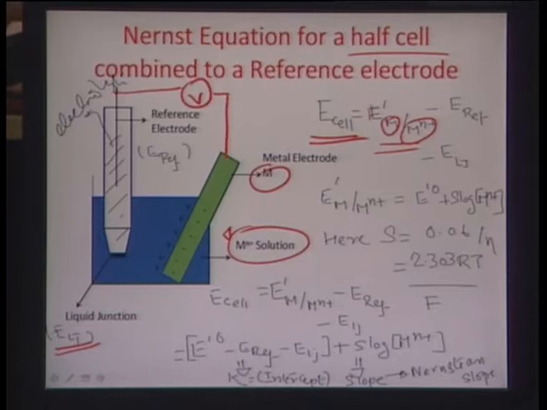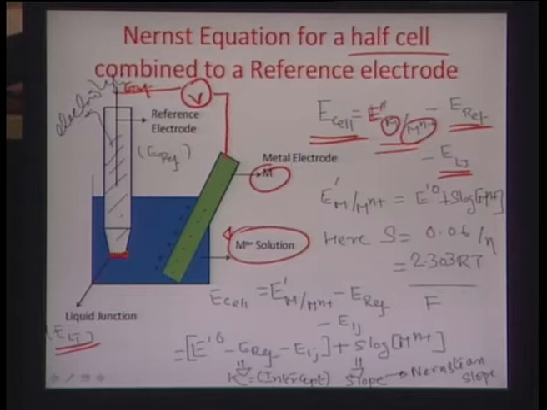So, the potential of this interaction between metal and the salt solution of the metal, minus the E reference potential, which is at this point E REF, minus again the liquid junction potential, which is again contributing to the ion exchange process between the external solution and the internal solution.